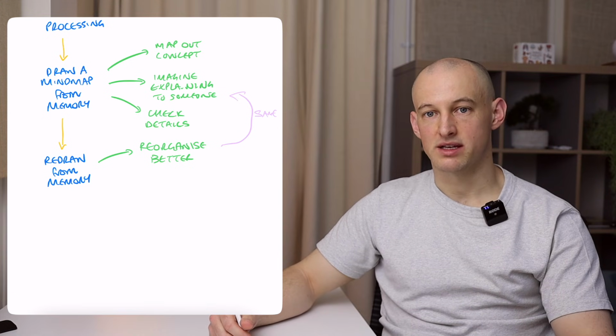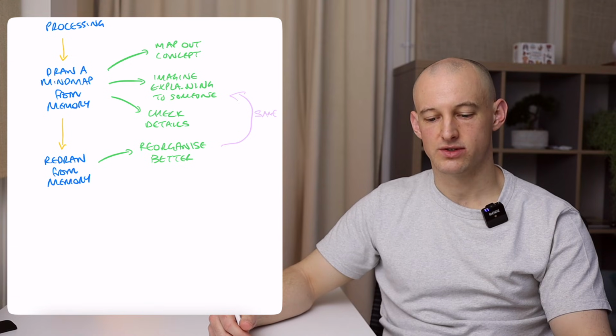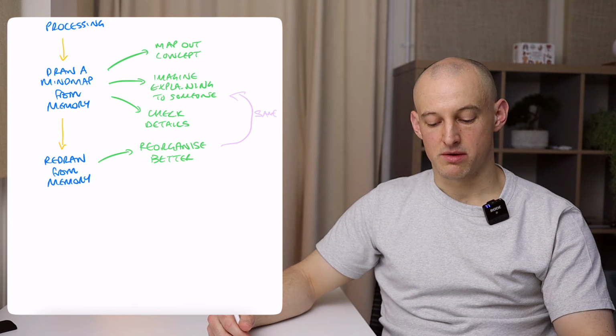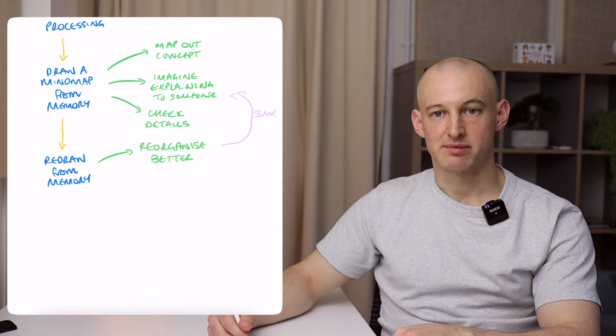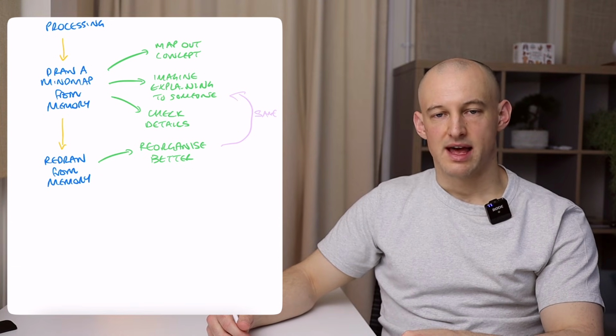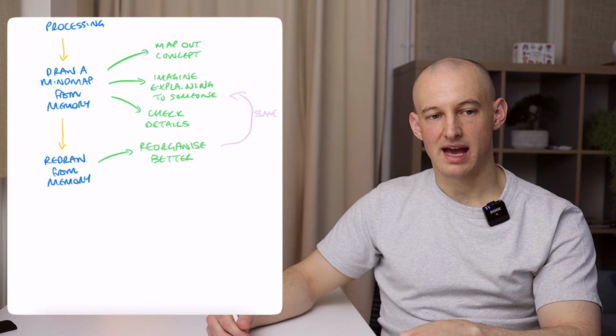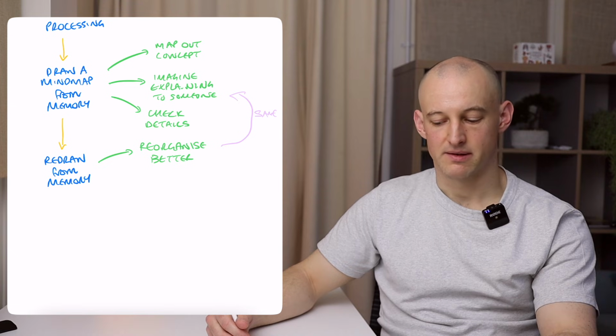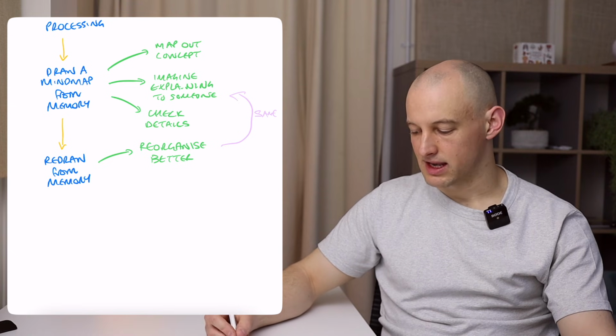And the more you'll be able to pick out gaps in your understanding. As you're going through it, you'll say, actually, I've realized that I don't understand this as well as I thought I did, and I'm going to need to go back and do it again.